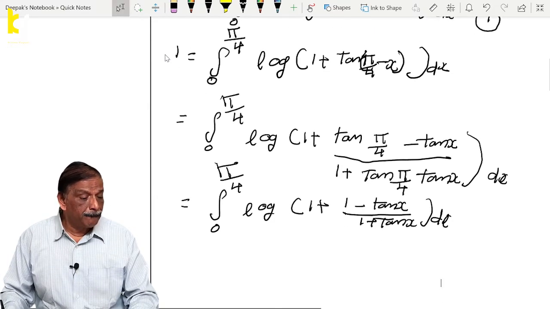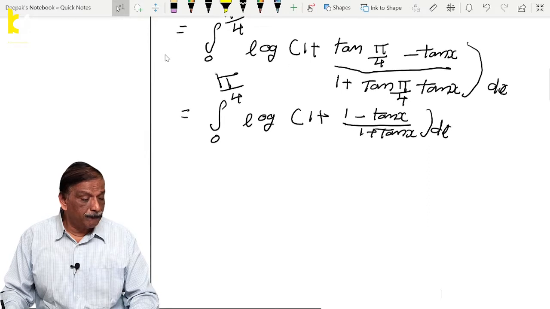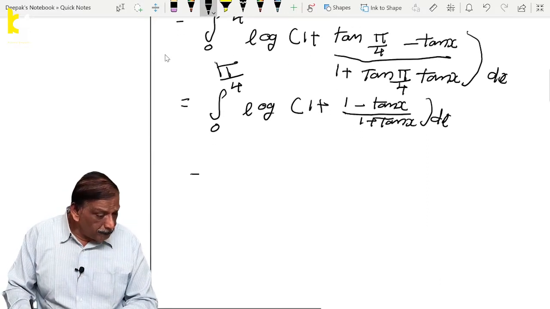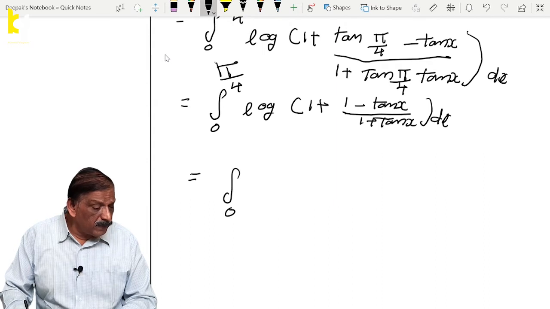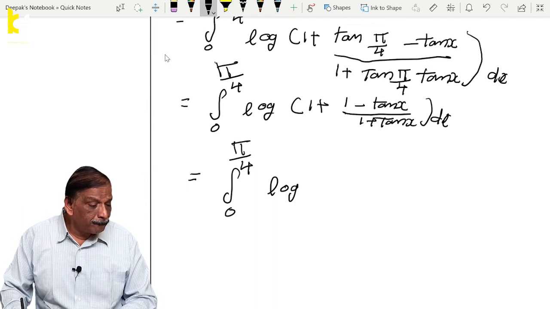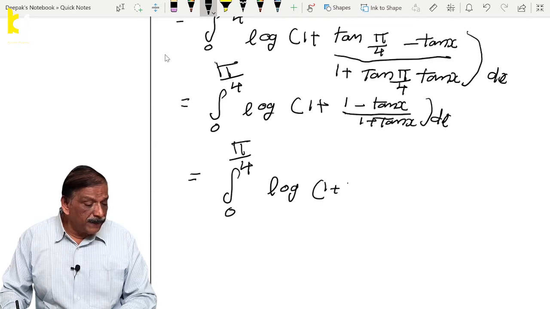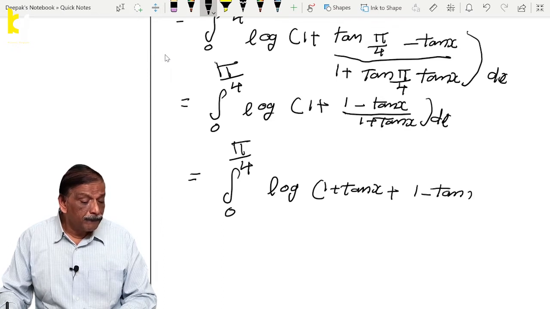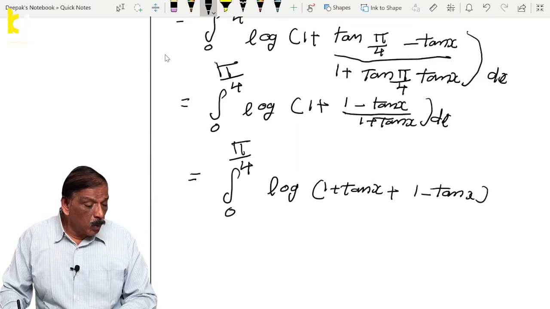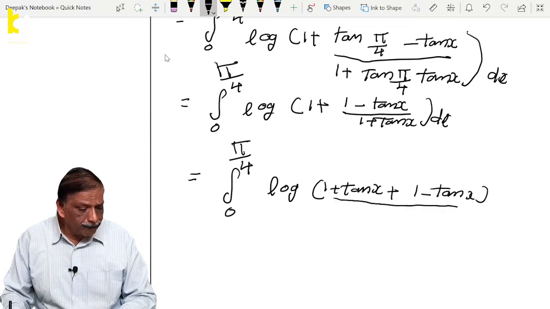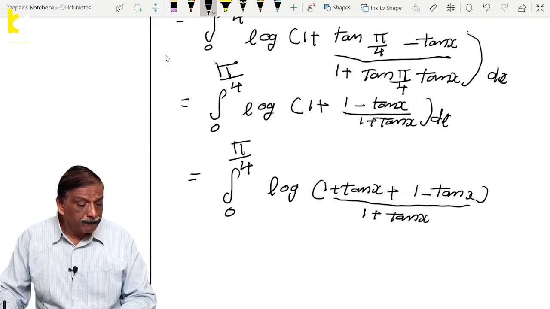That is equal to integral 0 to pi by 4 log of 1 into 1 plus tan x plus 1 minus tan x, whole divided by 1 plus tan x dx.